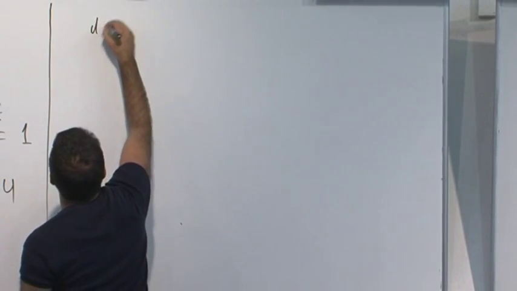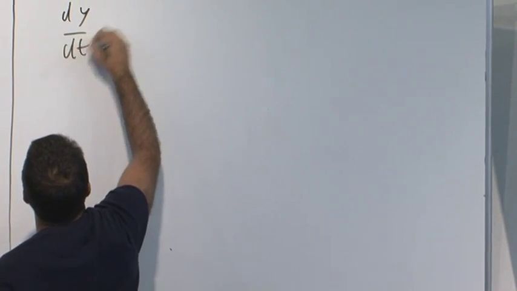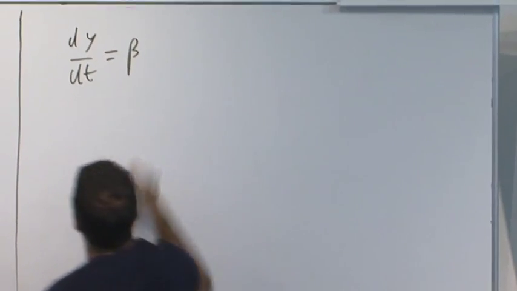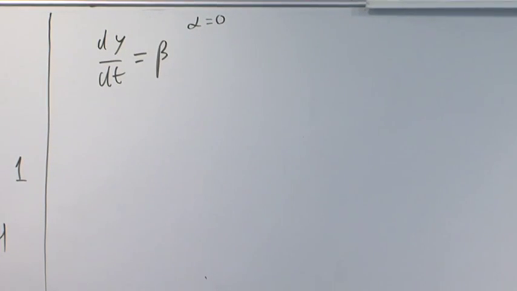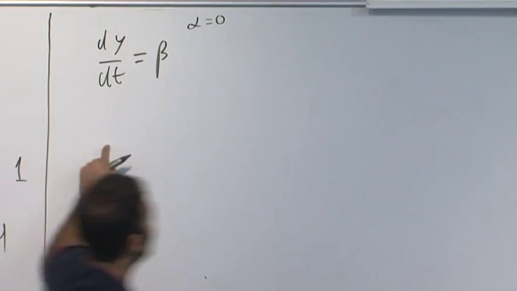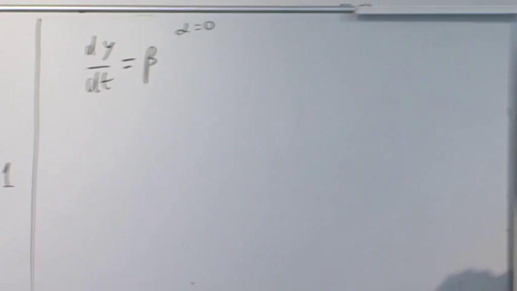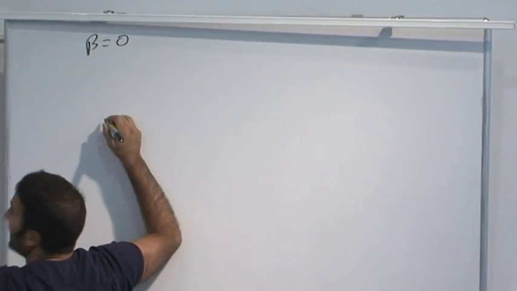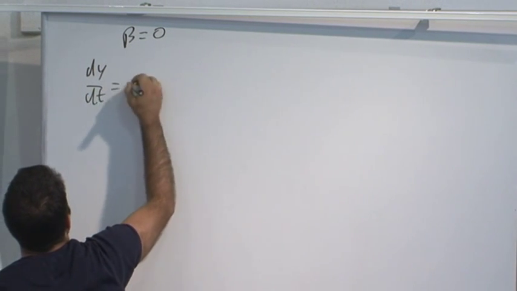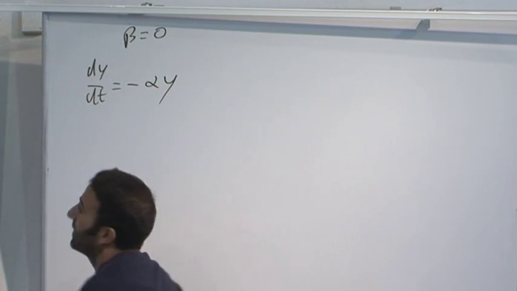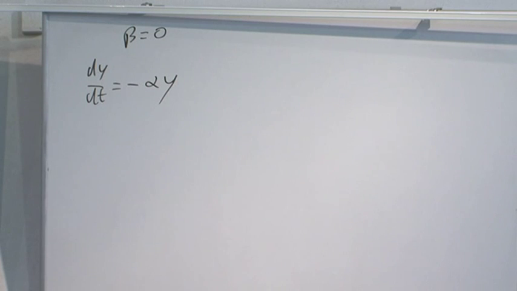We will look at dy over dt equals beta, which means alpha equals 0 for that case, right? And we later look at beta equals 0 in the general case, which gives us dy over dt equals minus alpha y. Okay? So this is how we will work.